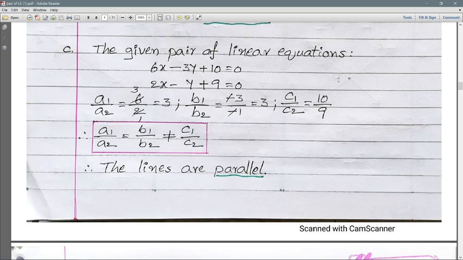Next, b1 by b2 is minus 3 by minus 1. Minus minus gets cancelled. 3 is the answer. c1 by c2 is equal to 10 by 9. Okay. Now, compare them. a1 by a2 is equal to b1 by b2 but is not equal to c1 by c2. Here, the second condition will be applied. So, the lines are parallel.